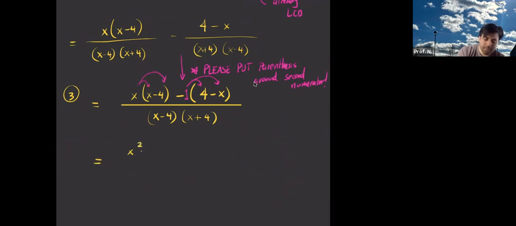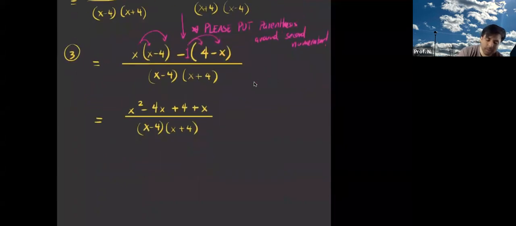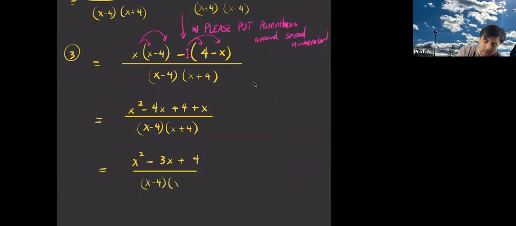So this should be x squared minus 4x. This should be plus 4. This should be plus x. And then we get x minus 4, x plus 4. And when we combine like terms, what do we get? We get x squared minus 3x plus 4 all over x minus 4, x plus 4.